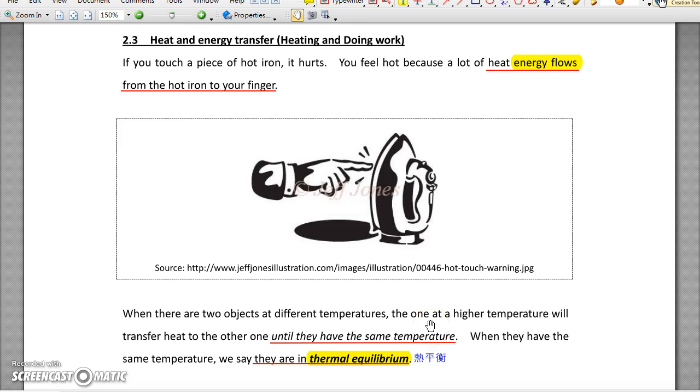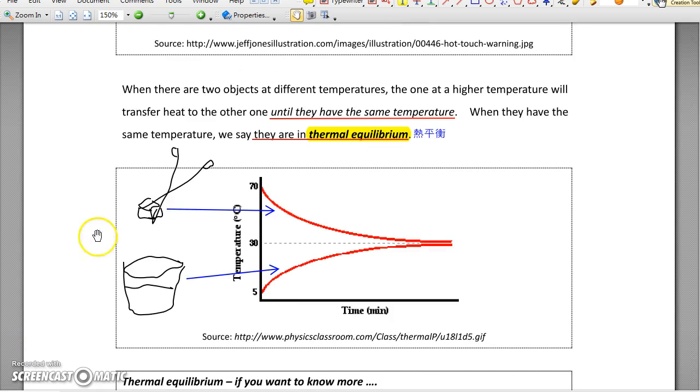The heat will flow until they have the same temperature, and at that time we say there is thermal equilibrium between the finger and the iron. So if you drop a piece of metal at 70 degrees Celsius into a beaker of water at 5 degrees Celsius, then their temperature will finally become the same, as there is heat transfer between them, until finally there is thermal equilibrium.